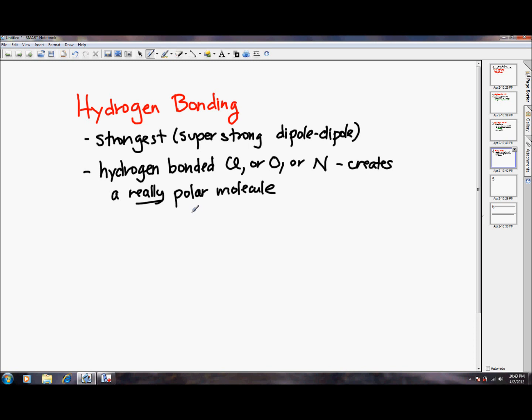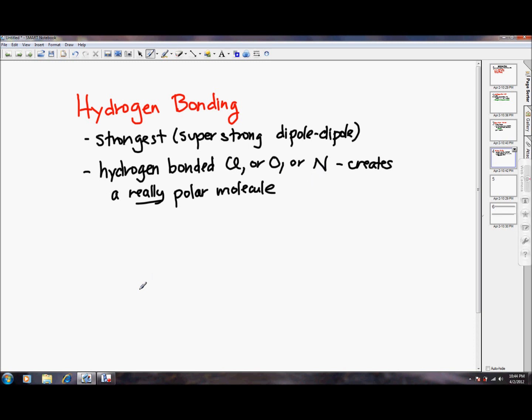So if you look at your Lewis dot structure and you know it's a polar molecule, you know you could have dipole-dipole, but you need to double check to see if it's hydrogen bonding, the super dipole-dipole. Does hydrogen occur in the formula, and what's the hydrogen bonded to? If the hydrogen is bonded to chlorine, oxygen, or nitrogen, it will be hydrogen bonding.